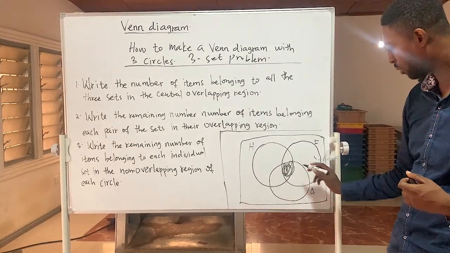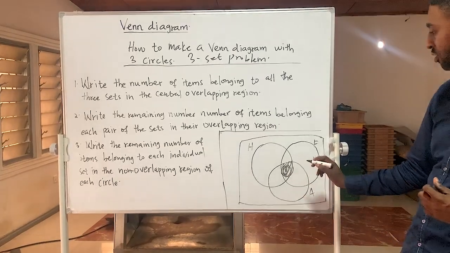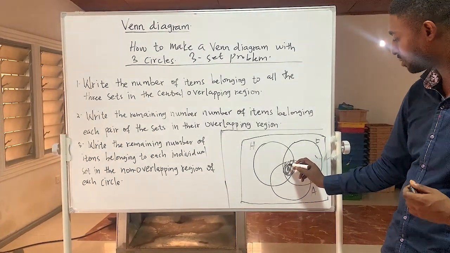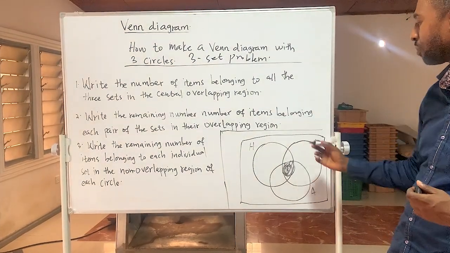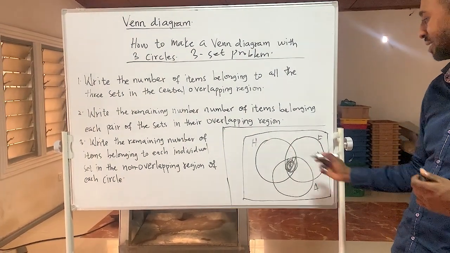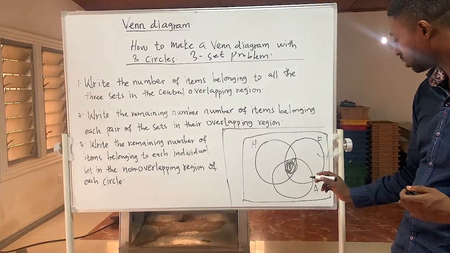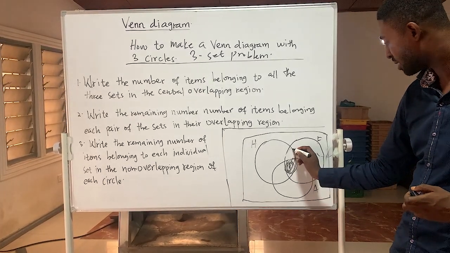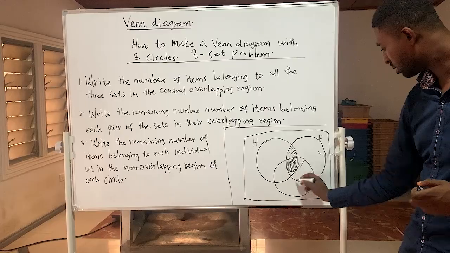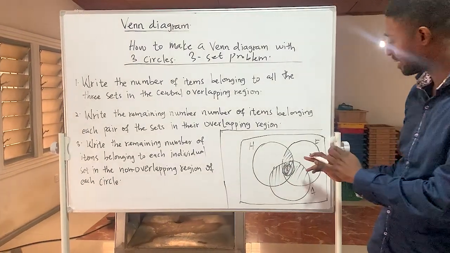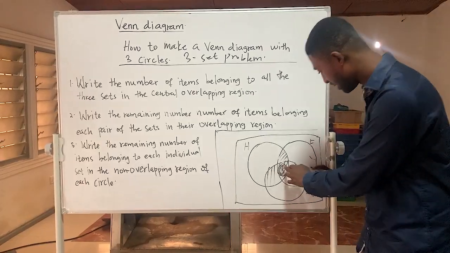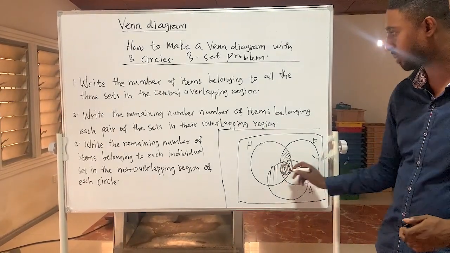So once you are done with the central part, which is the part which is common to all the three sets, you move on to the overlapping part between the individual sets. So from here, you can start from this side, and this side. So first start from the central part, then you move on to the overlapping part.